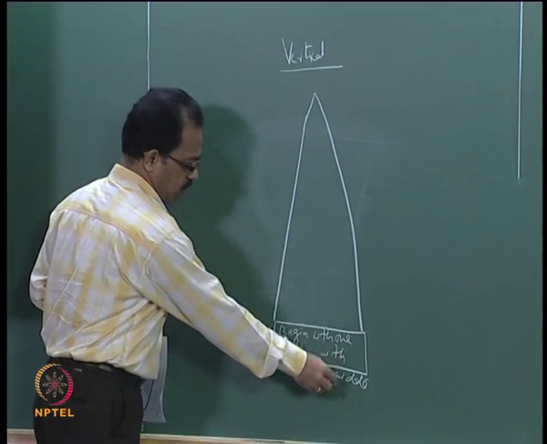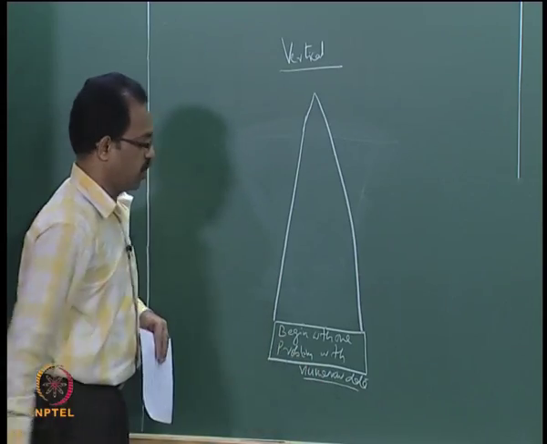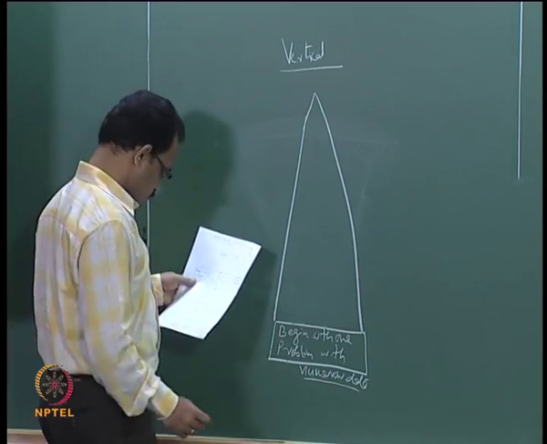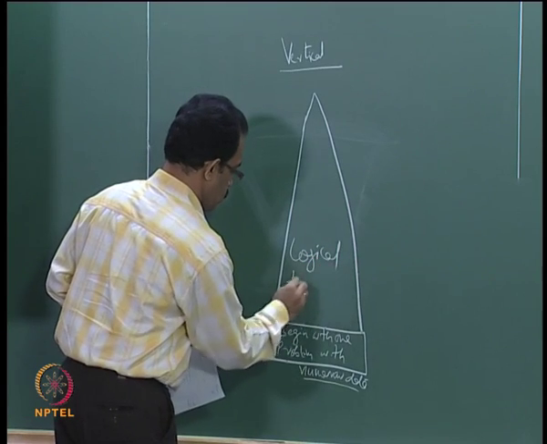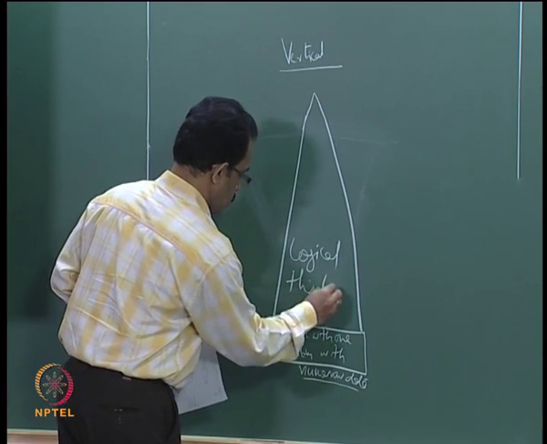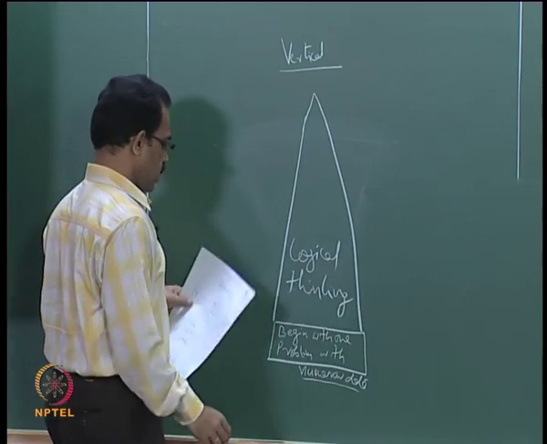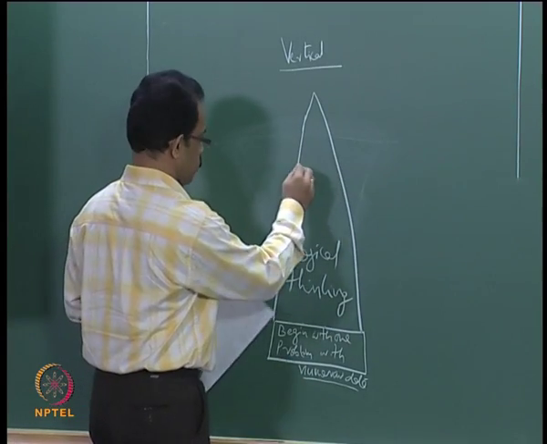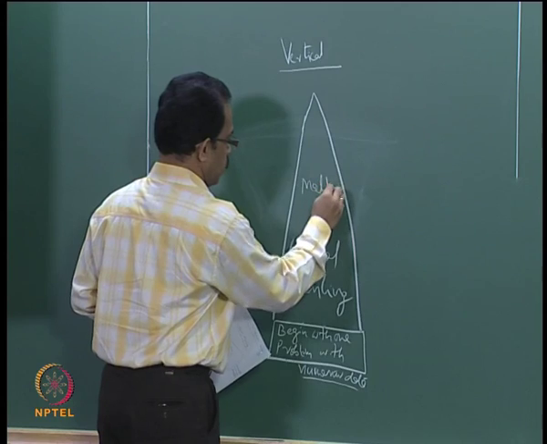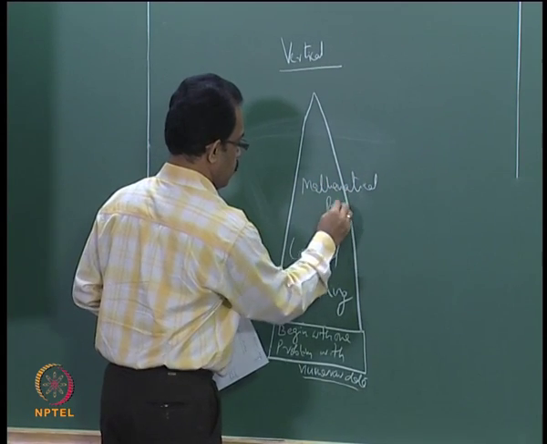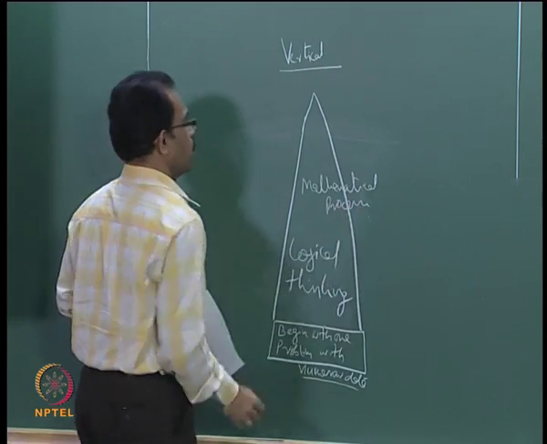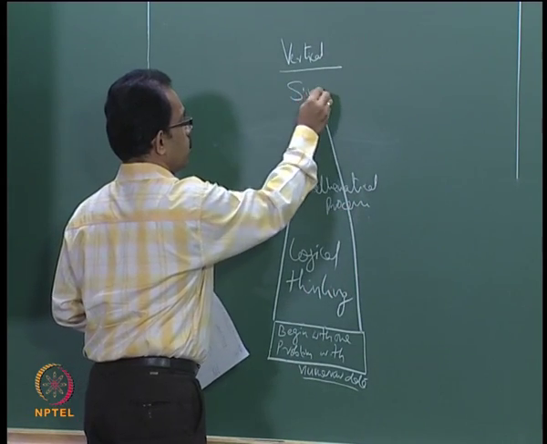We have one problem, but a lot of information or a lot of alternatives available, and then we go for logical thinking over here and try to get a single solution, or we can use mathematical modeling and processing techniques and get a single solution.